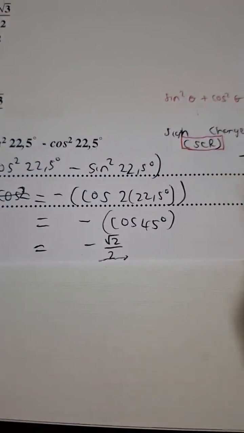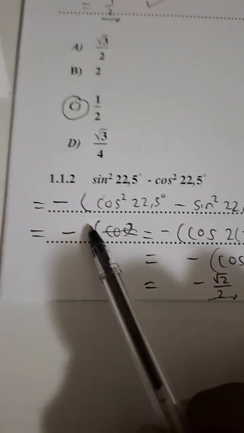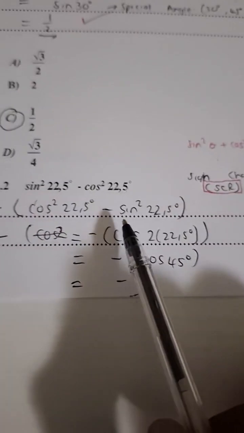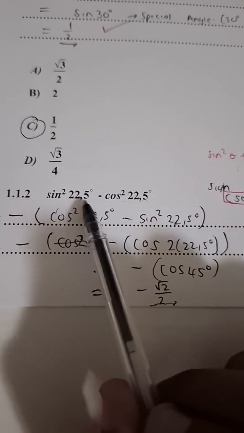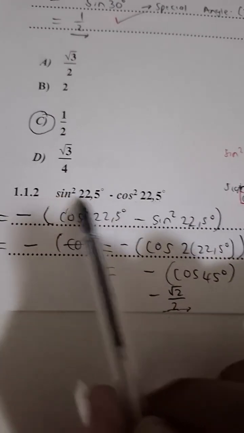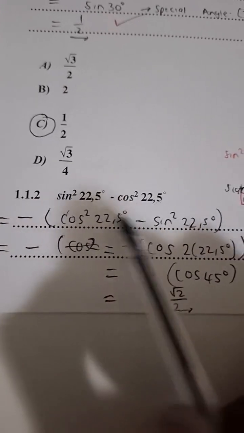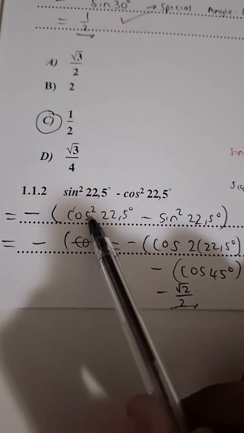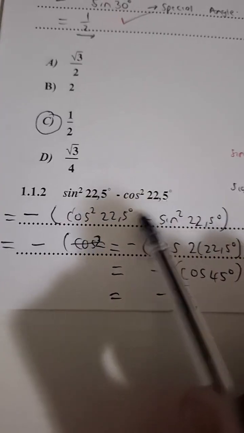There it is, guys. Okay, step by step, simplified. So like I said, sine squared 22,5 minus cos squared 22,5, because I know that this is not my double angle for cos. I use the sign change rule so that I can get this cos squared 22,5 first minus sine squared 22,5 second.